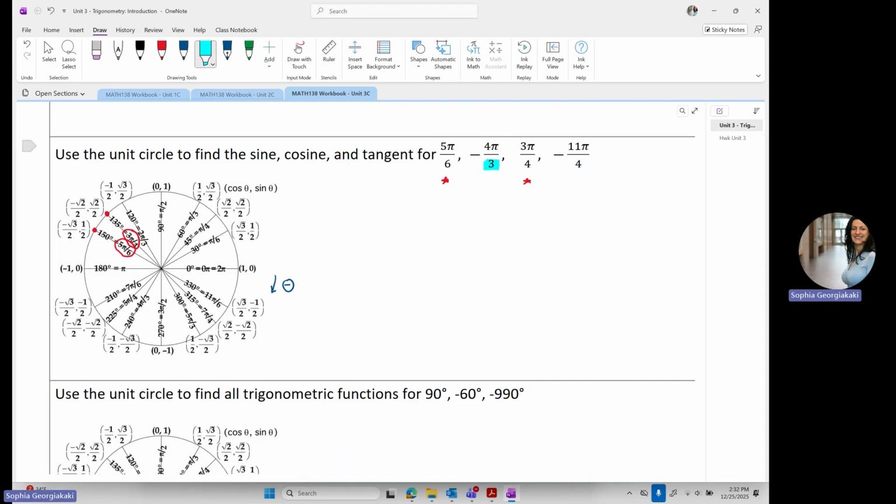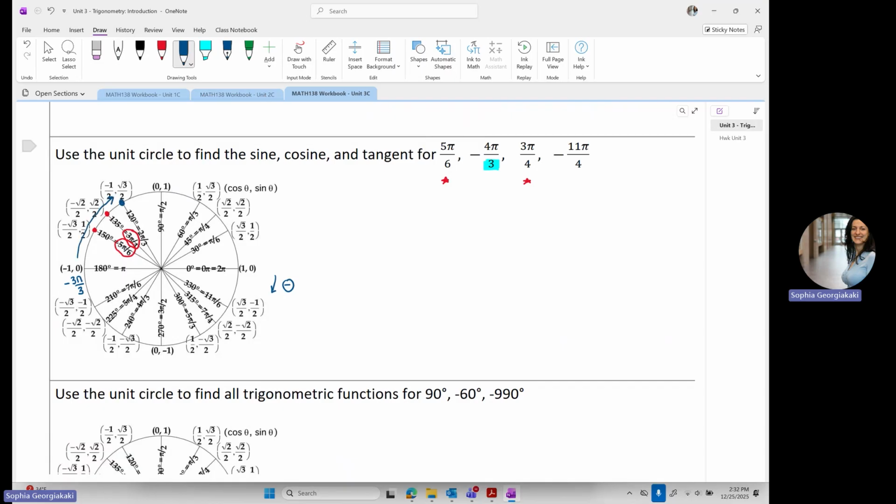That means I need 3 of them to go half a circle. So when I am at 180, I will be at negative 3 pi over 3. And I need another negative pi over 3, which will land me 60 degrees away from 180 in quadrant 2.